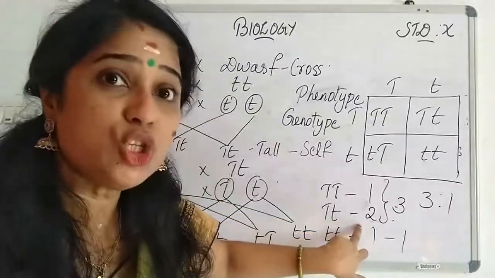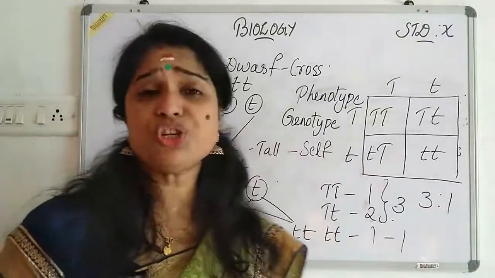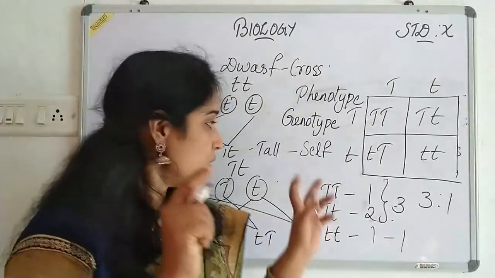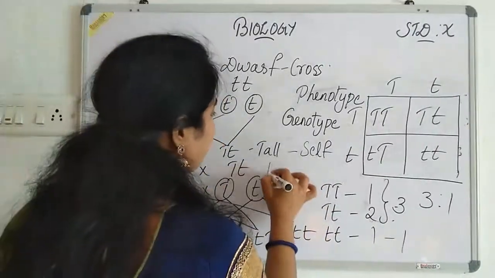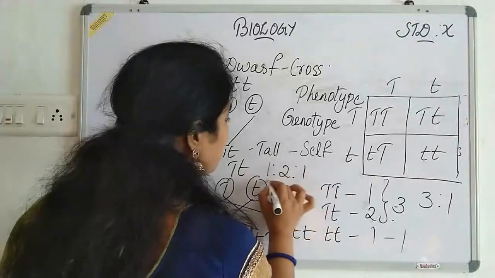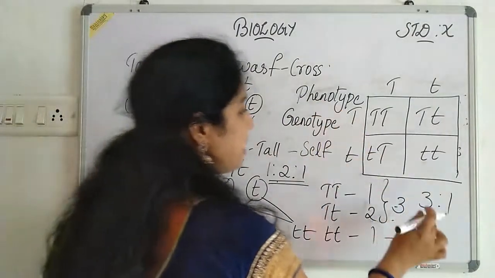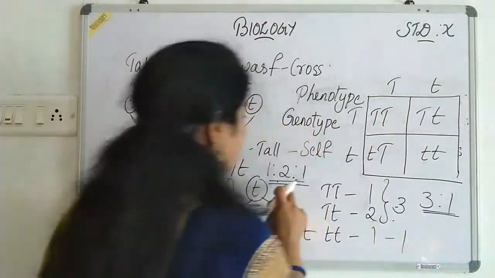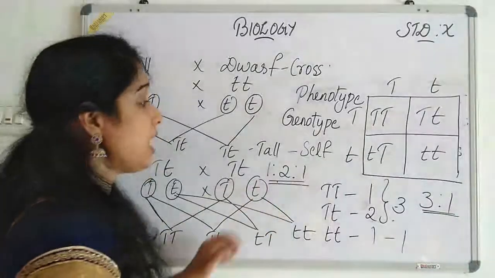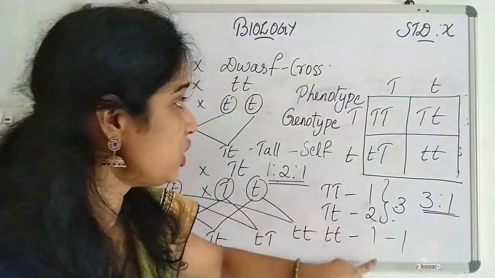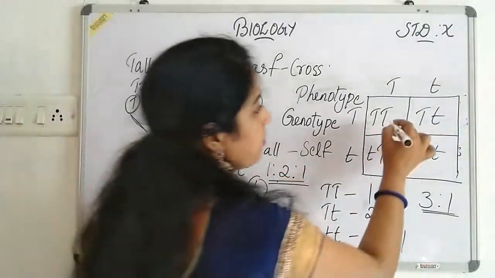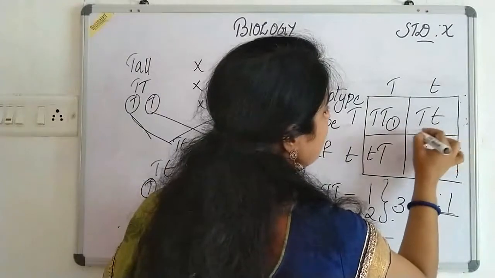That's the intermediate, two. What about the dwarfness? Only one. So the genotypic ratio is 1:2:1. Very, very important. Phenotypic ratio is 3:1, and genotypic ratio is 1:2:1.